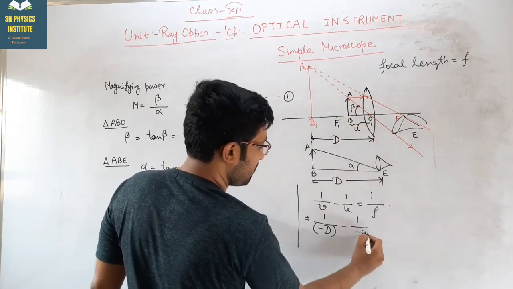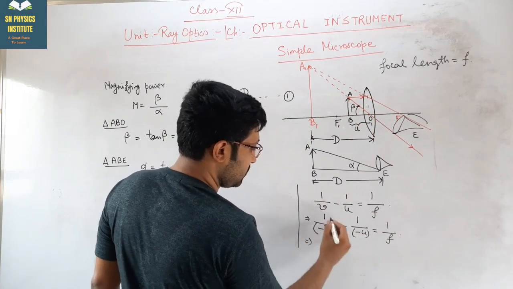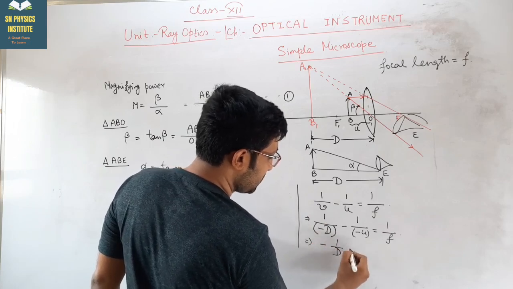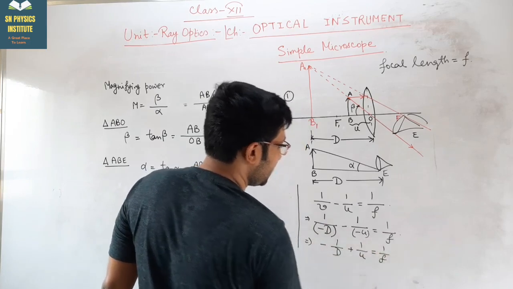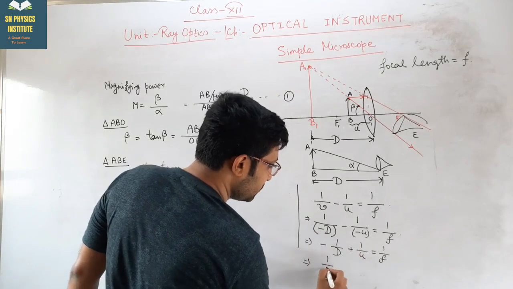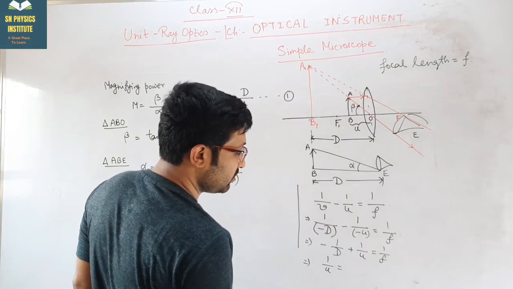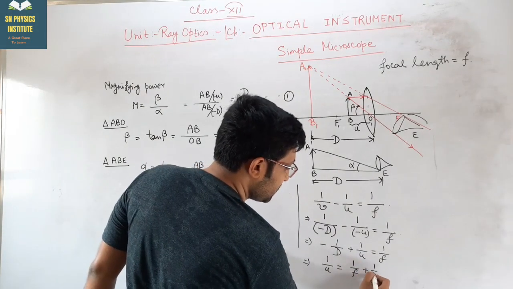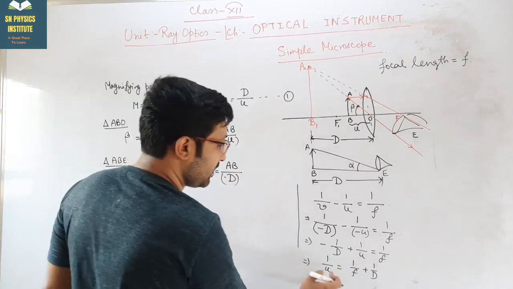This gives minus 1 by D plus 1 by U is equal to 1 by F. Same way, 1 by U is equal to 1 by F plus 1 by D. This is your value of 1 by U.